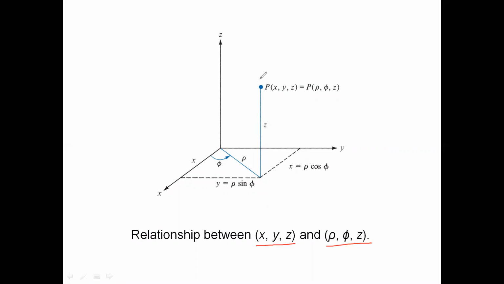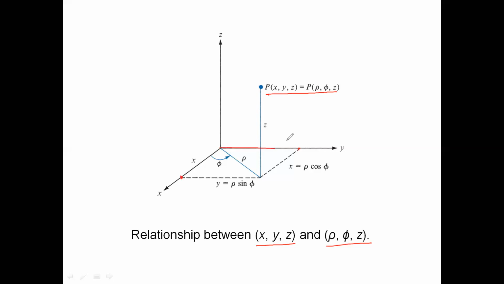The point P is represented in free space, and we need to give a relation between the two systems. If this is the axis of the x, and this distance we can consider as small x, and this distance is, let me draw the line.